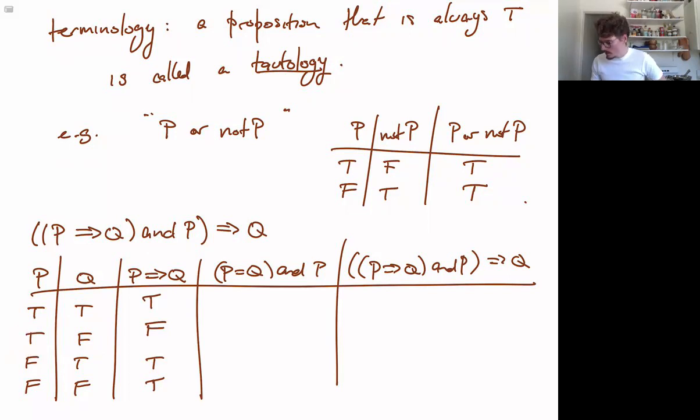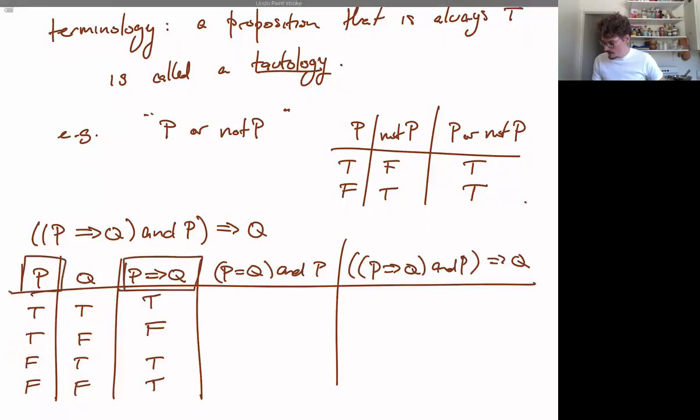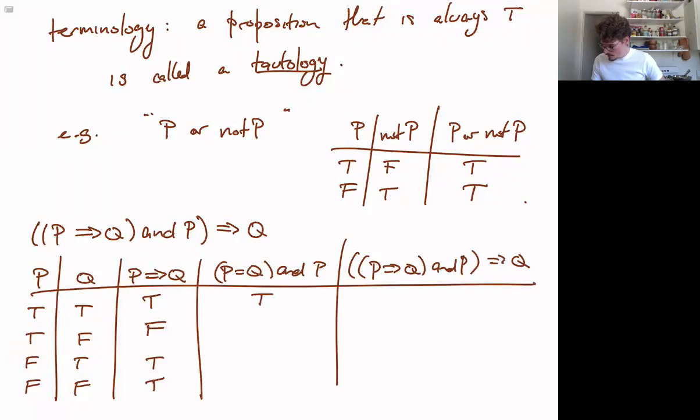And then let's quickly run through the rest. So we're taking this column and this column to make this. So when are these both true? They're both true here. And never again. Okay, so the rest, it's false, false, false. Okay, and now for this last thing, we're looking at this column and this column.